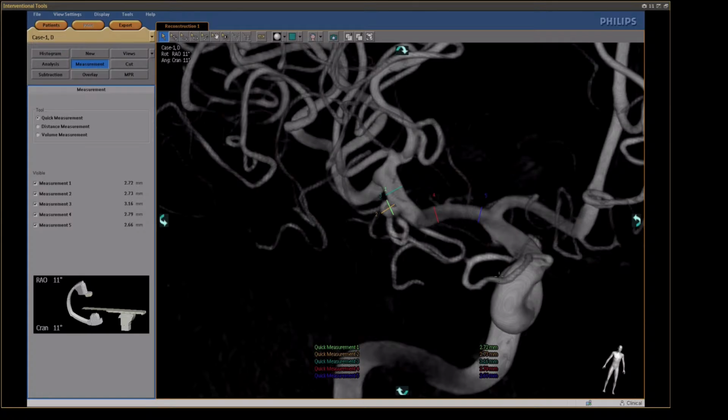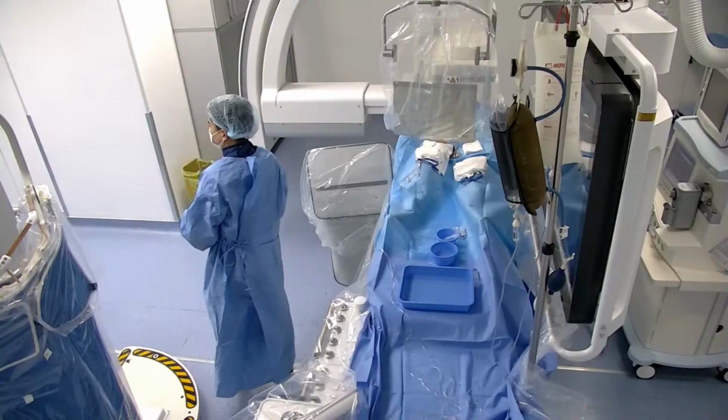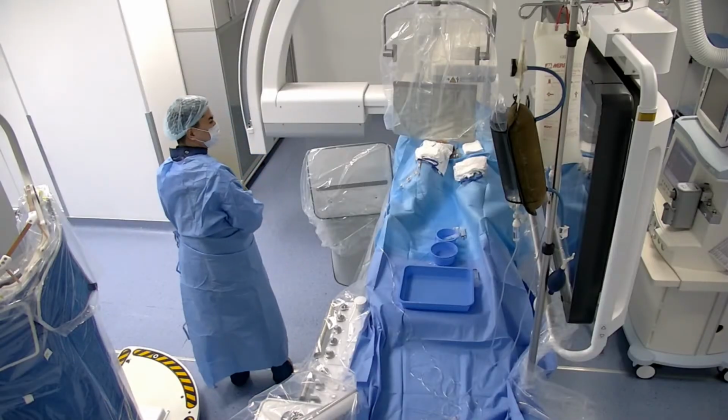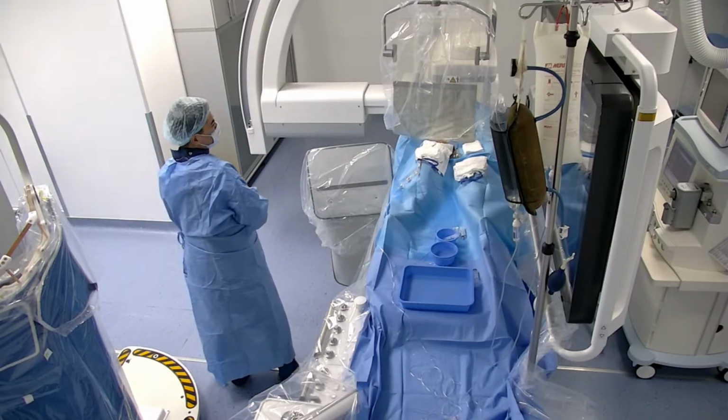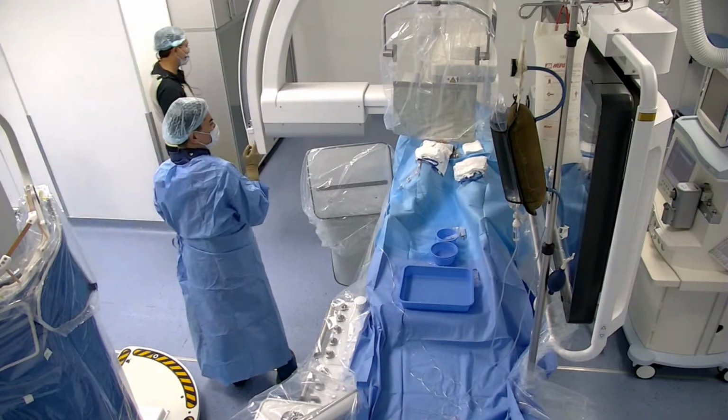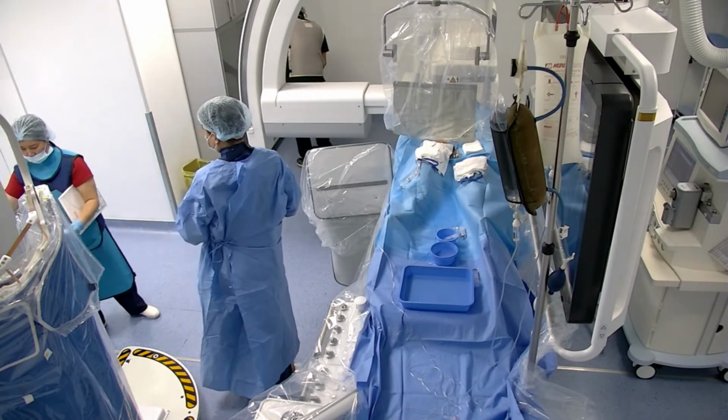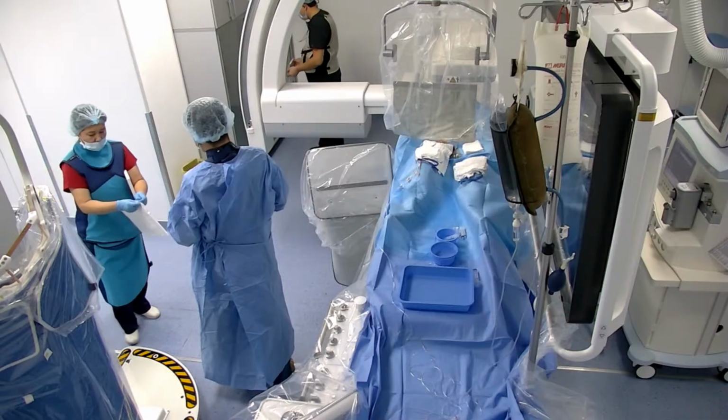Okay, let's open the Chikai Black. Headway 17. And I think the Eclipse double lumen will be better.